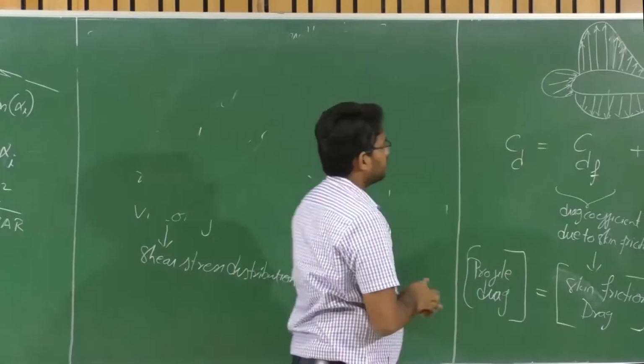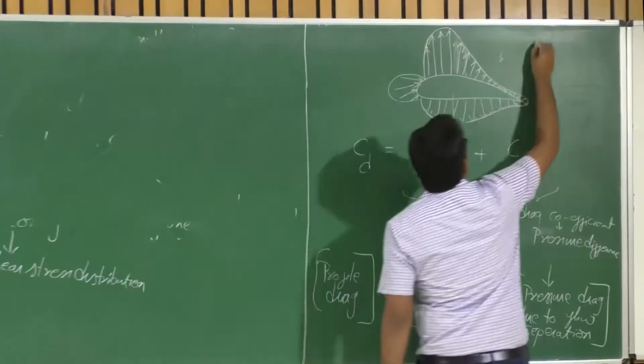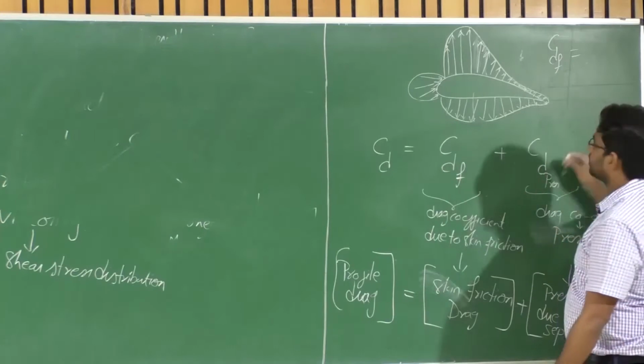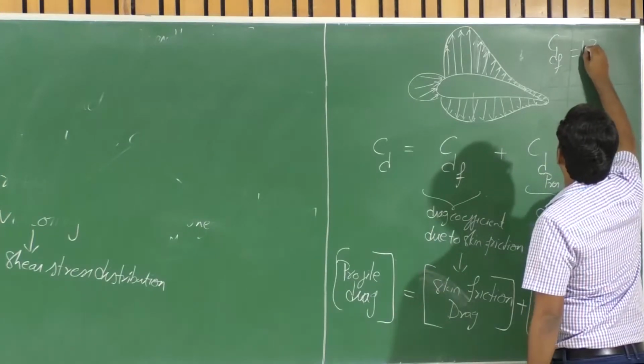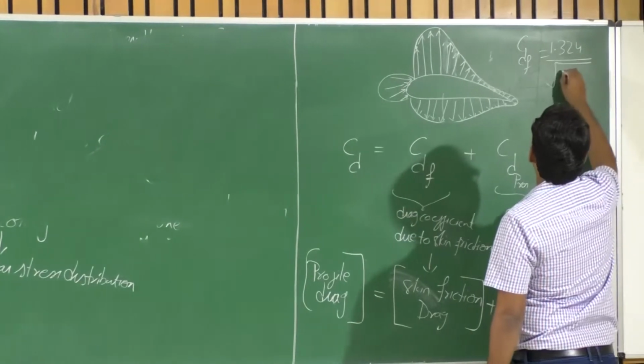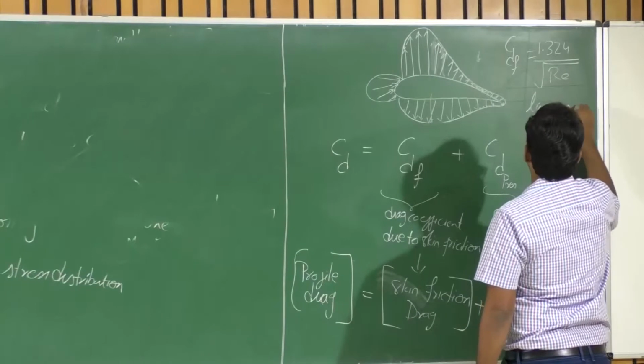And for a very thin airfoil, the CDF can be estimated using analytical relations for a flat plate, where CDF is 1.324 upon root over Reynolds number. This is in case of laminar flow.